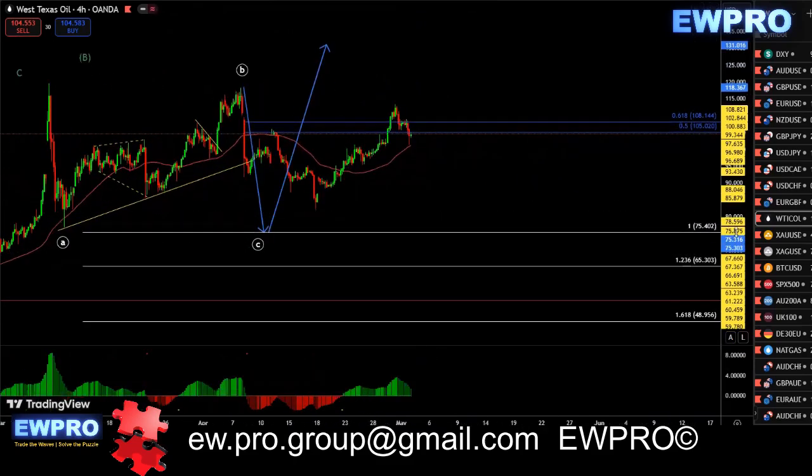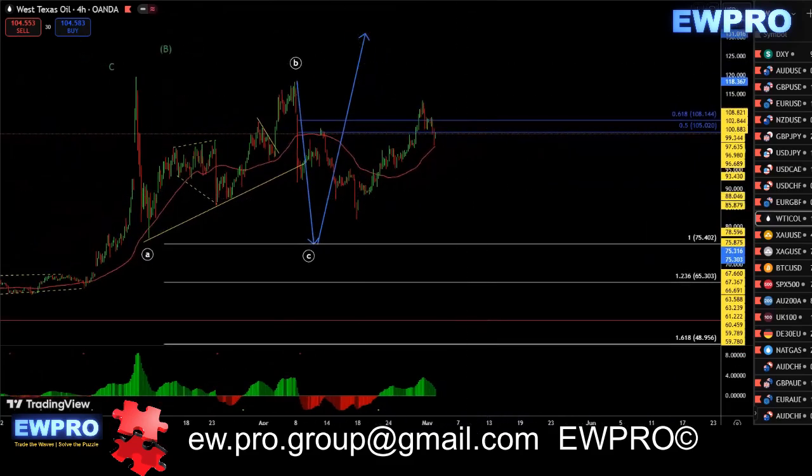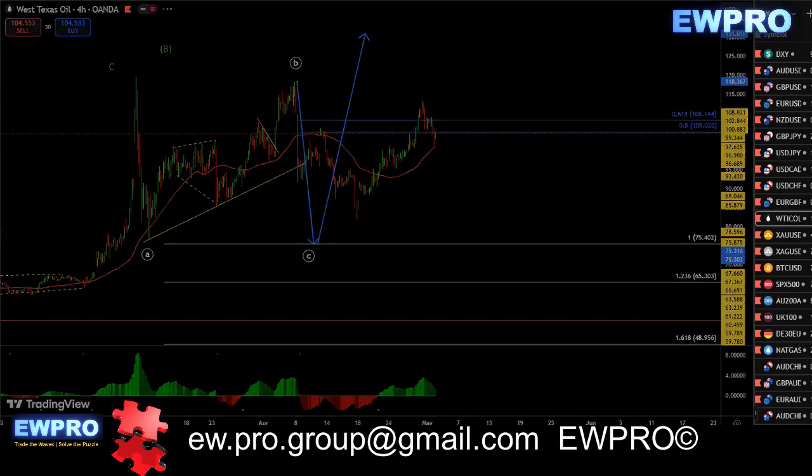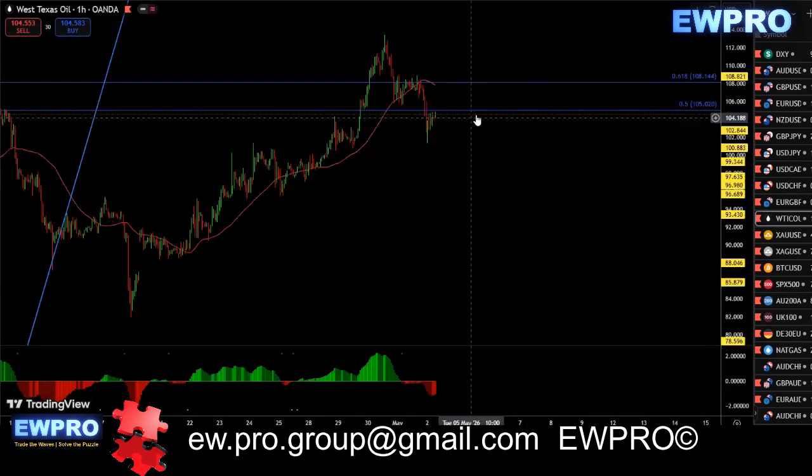I didn't really like the actual correction, because this B wave never broke the starting point of this A wave, and this C wave never broke the ending point of this A wave. So it's not ideal. Ideally now, this is the A, B, C, and it goes up and breaks the top. But it wasn't the best correction.